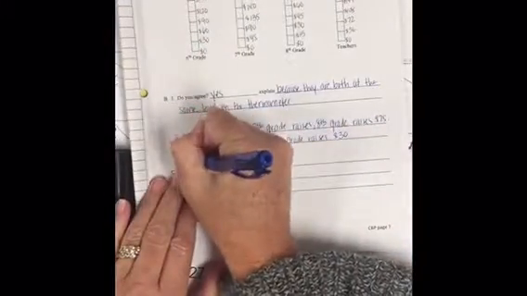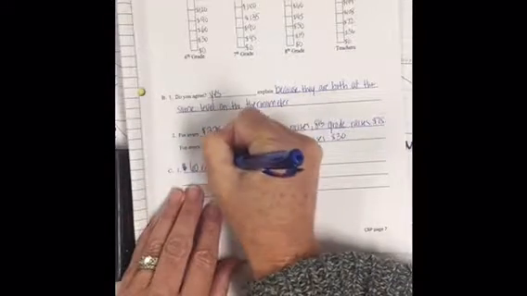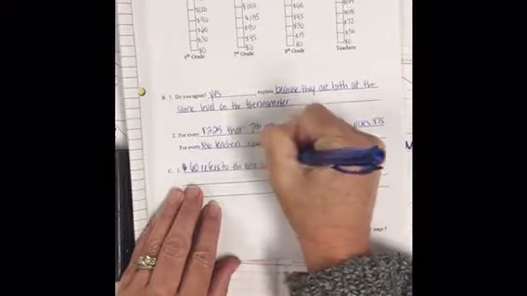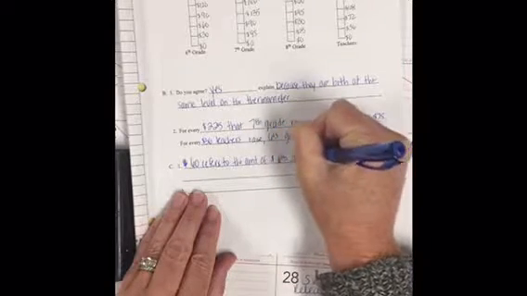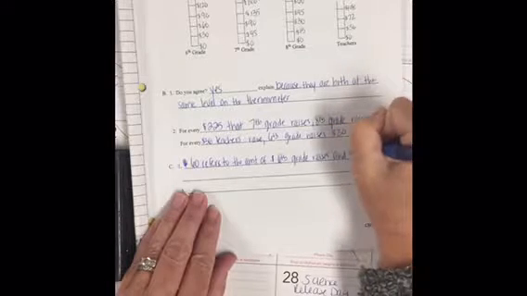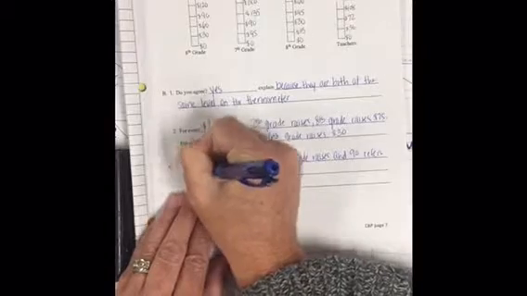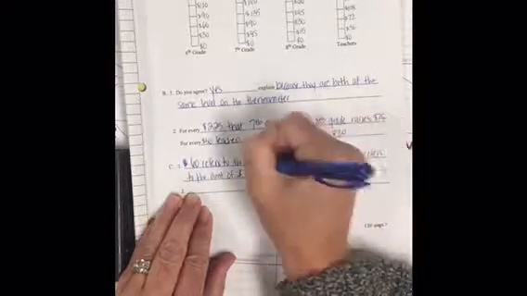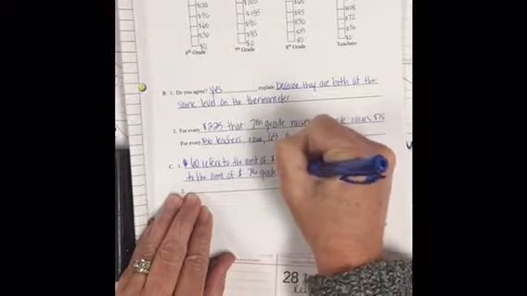So 60 refers to the amount of money 6th grade raises, and 90 refers to the amount of money 7th grade raises.